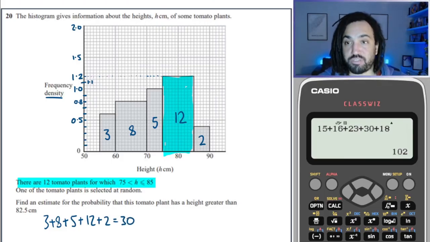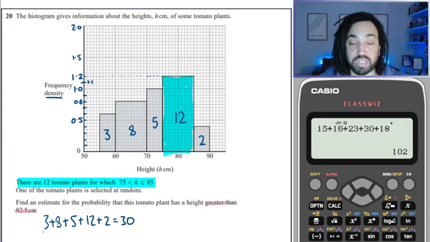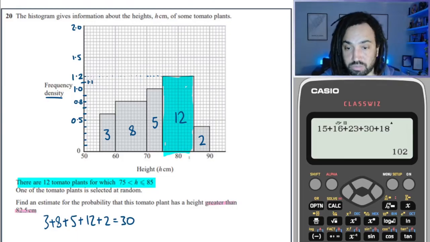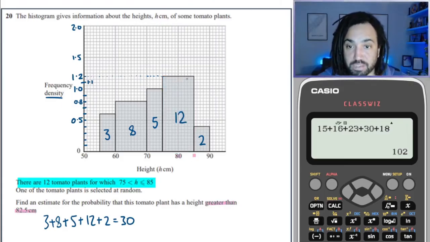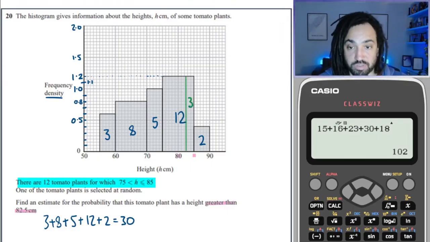And then it says we need to find an estimate for the probability that the height is greater than 82.5. Well, where's 82.5? Well, there's 80 and there's 85. So it's going to be halfway between there. So we're going to draw a line down here, and this is going to split this bar up into 1/4 over here, and 1/4 of 12 is 3, and then 3/4 over here.